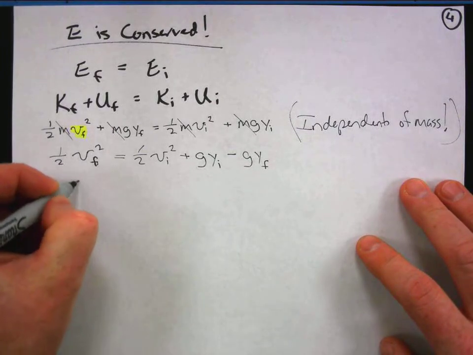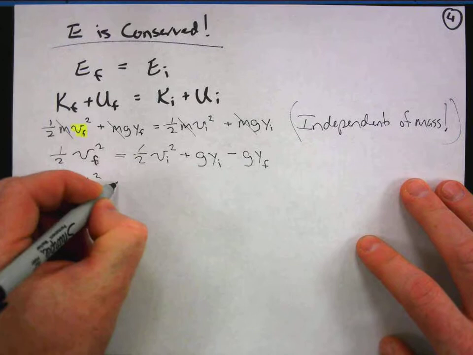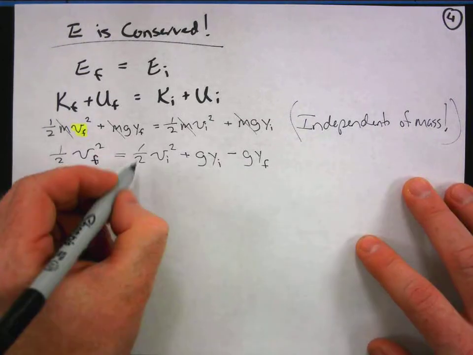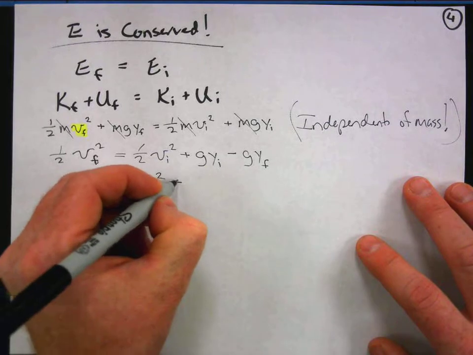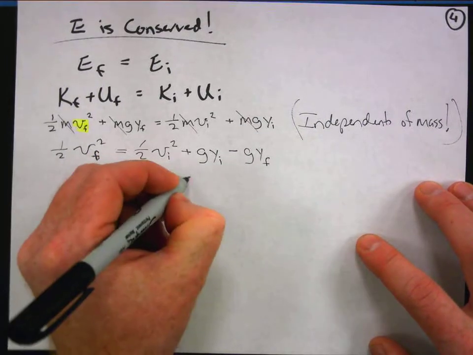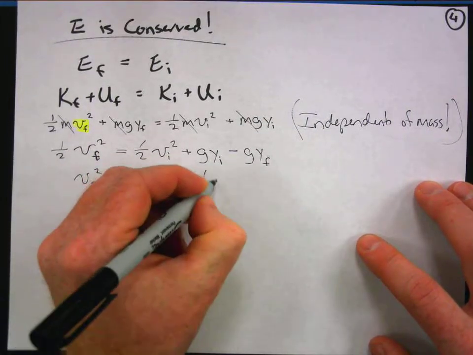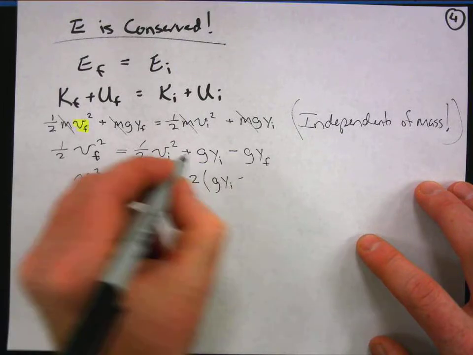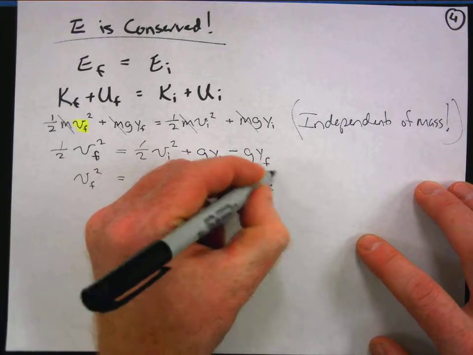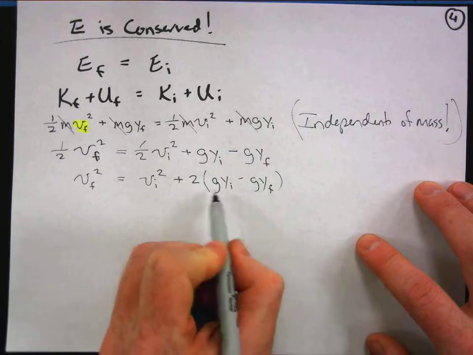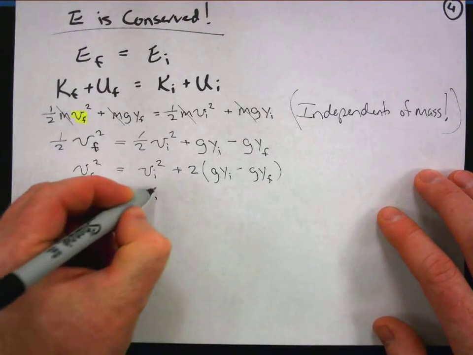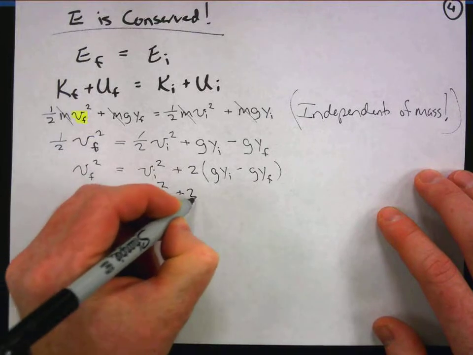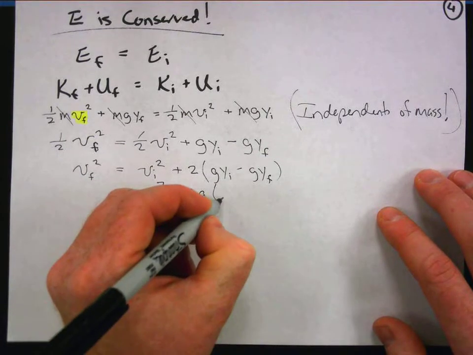Multiplying by 2, that half cancels. v final squared plus, now I'm going to put a 2 here, 2 g y final. And I can factor out the g, and something interesting is going to happen here. 2g, factor out the g. So what I have is y initial minus y final.